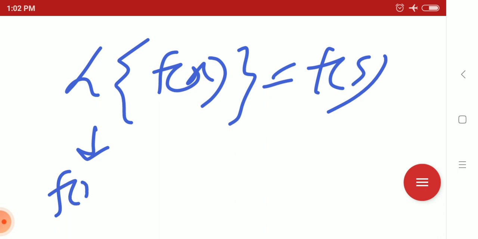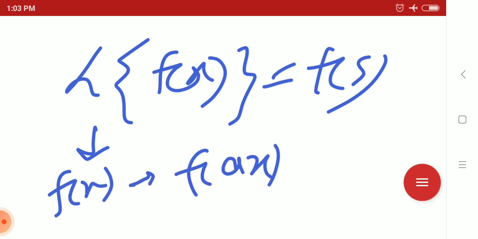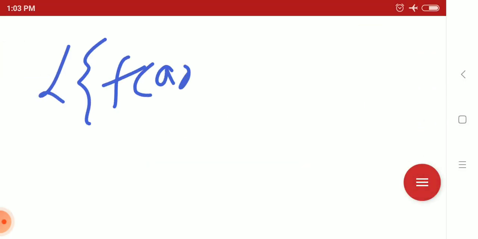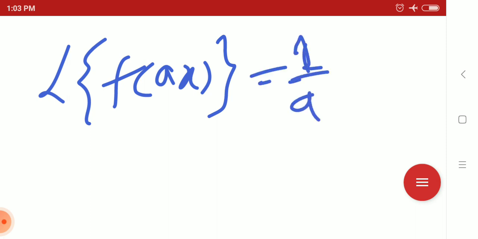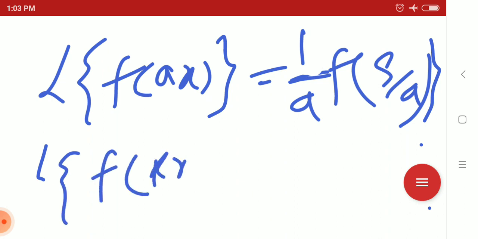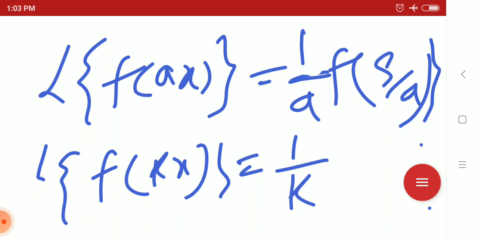If f of x is scaled to f of ax, then the Laplace transformation of f of ax will be 1 by a F of s by a. Similarly, the Laplace transformation of f of kx will give us 1 by k F of s by k.